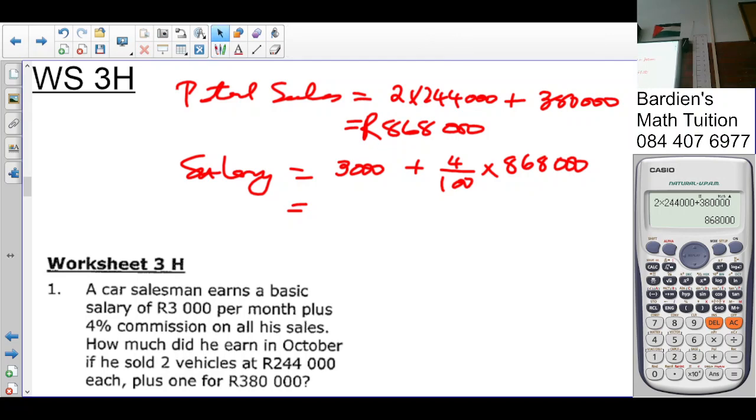It's going to be 3,000 plus 4% of the previous answer calculated gives him 37,720 Rand. Not so? Any confusion there?